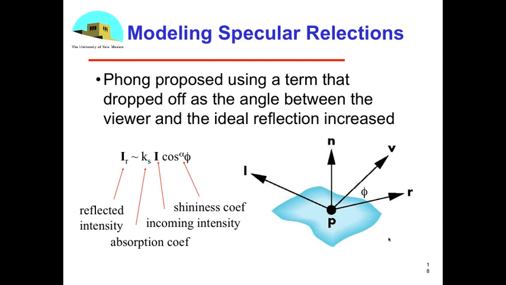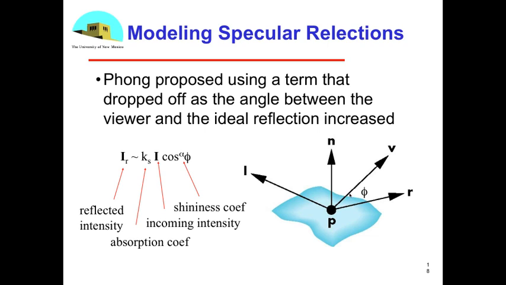So the model that Phong proposed, and this model would be for each color, so I'd have this for the red, green, and blue components, says the reflected intensity would be an absorption constant for each component, times the intensity of the incoming light for that component, times this cosine term, which depends on the dot product of V and R.